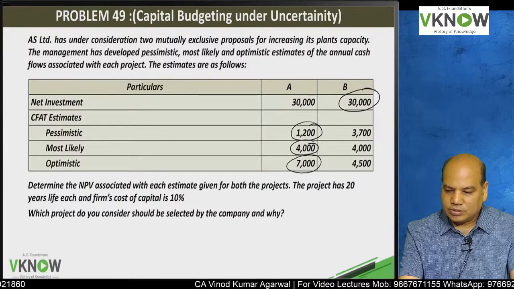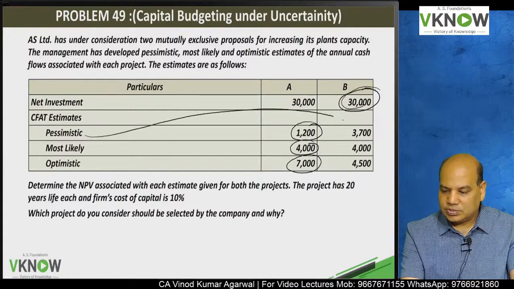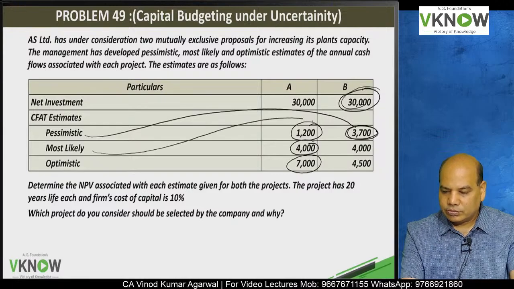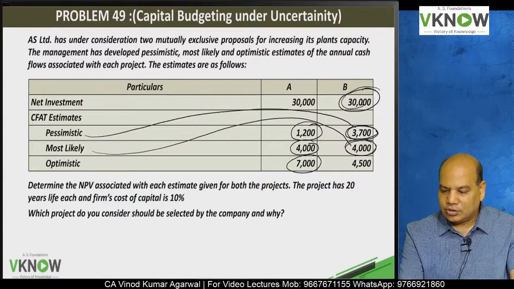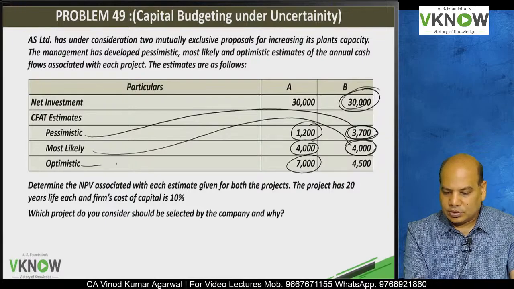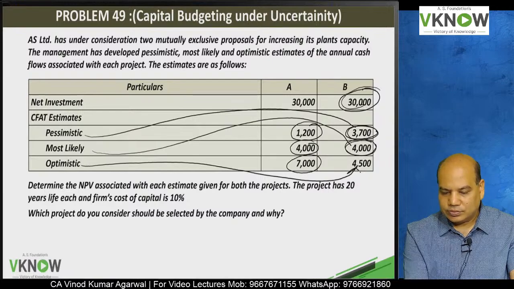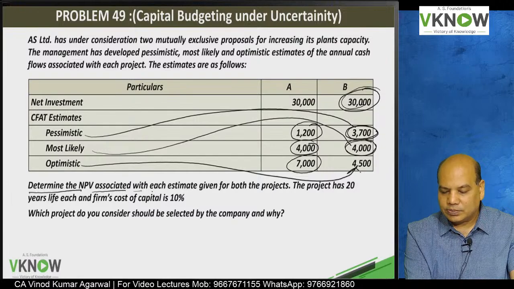In case of project B, investment is the same, but in pessimistic scenario you will get 3700. In most likely scenario, 4,000, and in optimistic scenario, 4500. Determine the NPV associated with each estimate.